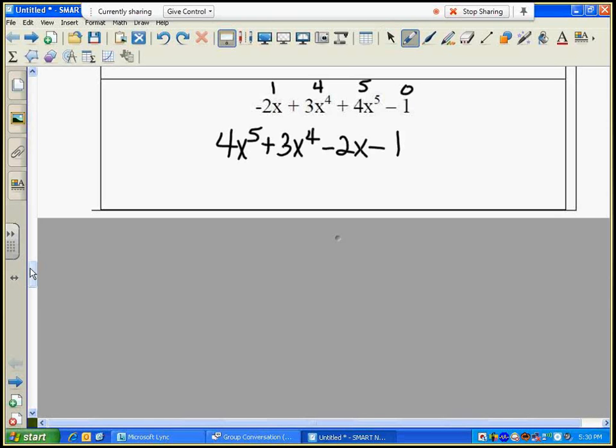They're being subtracted. Okay, it's now in correct standard form. There are 4 total terms, and the highest degree is 5, so I'll write this as a 5th degree polynomial. The leading coefficient of this polynomial is 4.